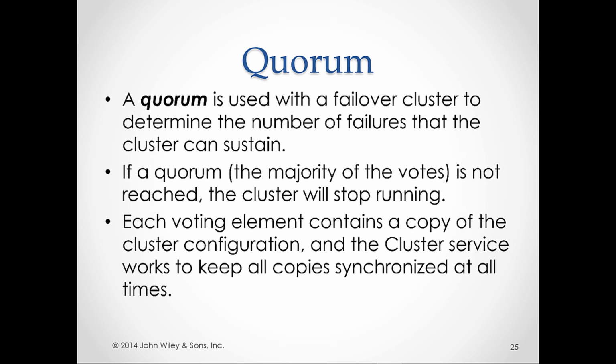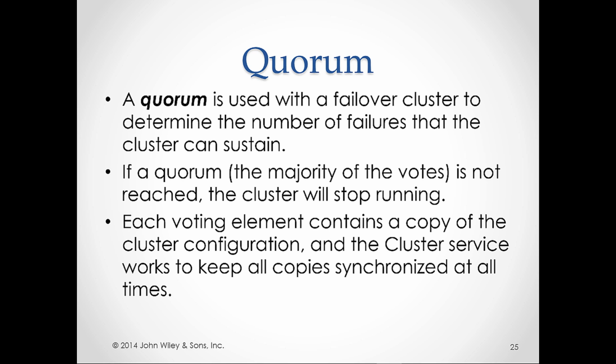So a quorum is used with a failover cluster to determine the number of failures that the cluster can sustain. If a quorum, the majority of the votes, is not reached, the cluster will stop running. Each voting element contains a copy of the cluster configuration, and the cluster service works to keep all copies synchronized at all times.